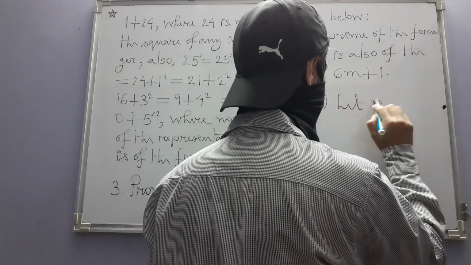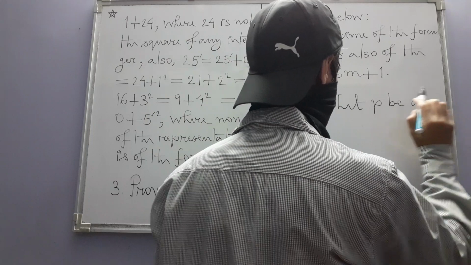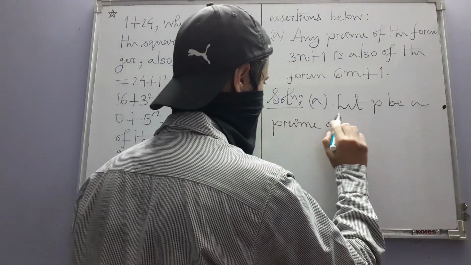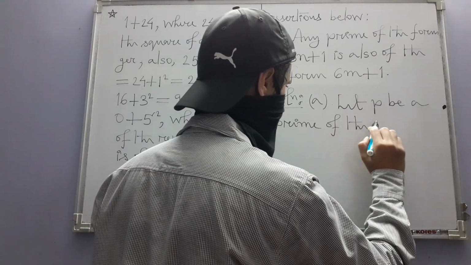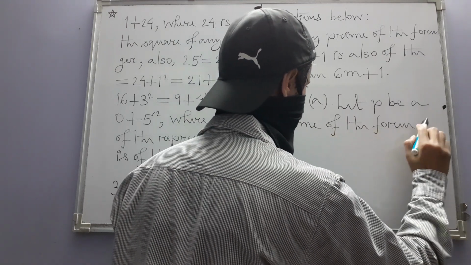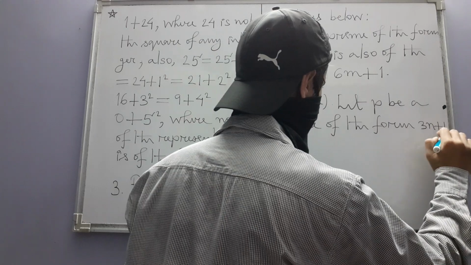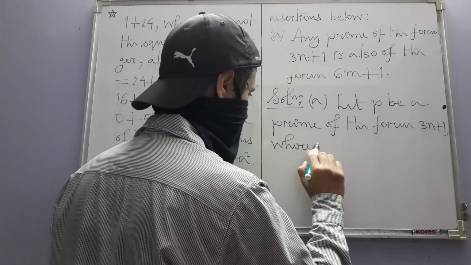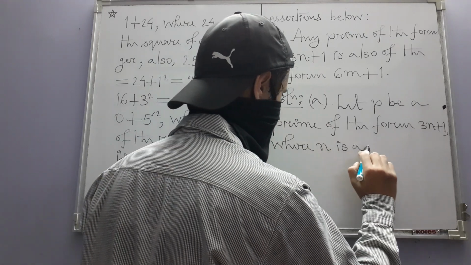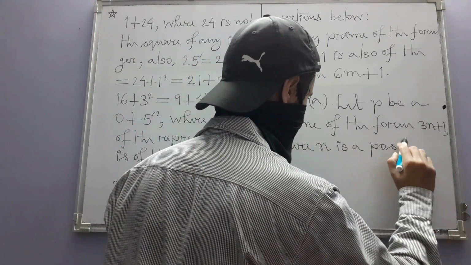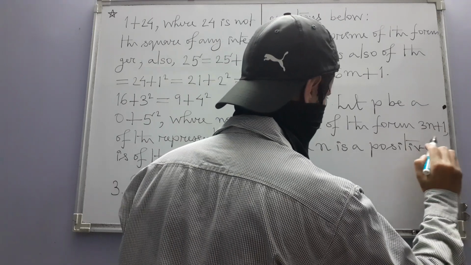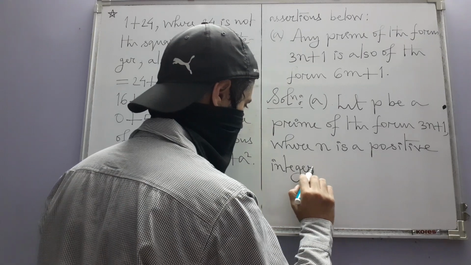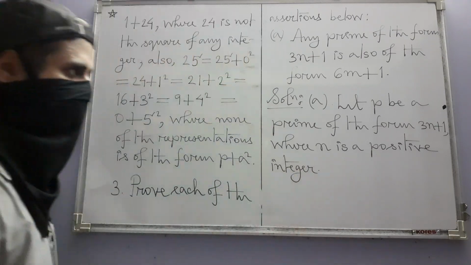Let p be a prime of the form 3n plus 1, where n is a positive integer. Positive because 1 is not a prime, so n cannot be 0.